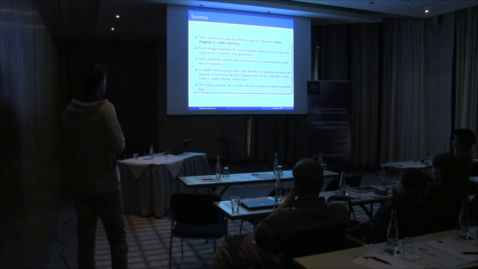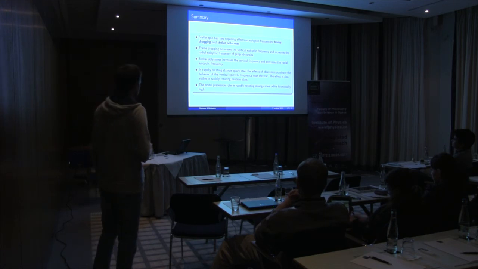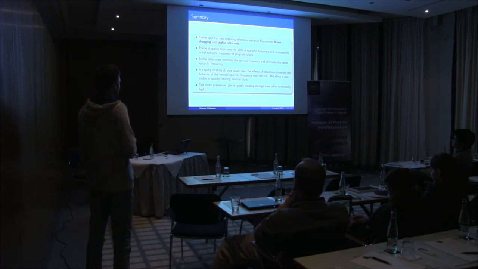To summarize, stellar spin has two opposing effects on epicyclic frequencies: frame dragging and stellar oblateness. Frame dragging decreases the vertical epicyclic frequency and increases the radial epicyclic frequency of prograde orbits. Stellar oblateness increases the vertical frequency and decreases the radial epicyclic frequency.